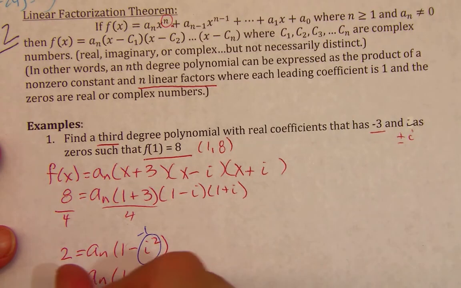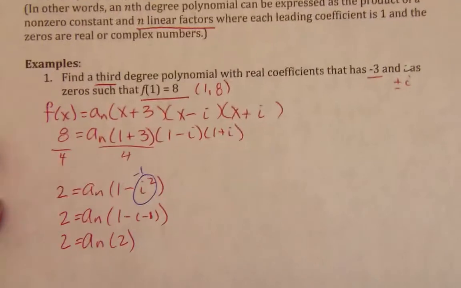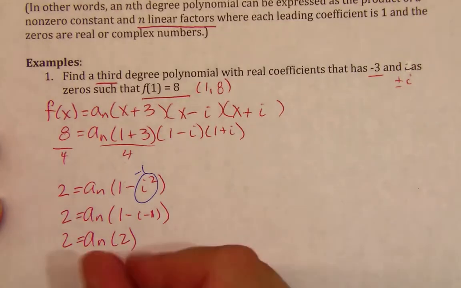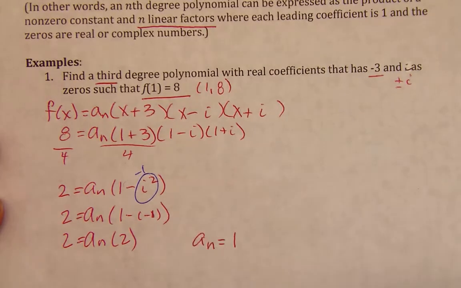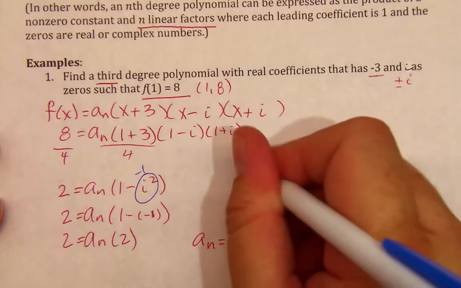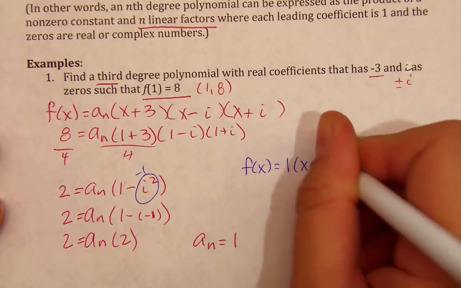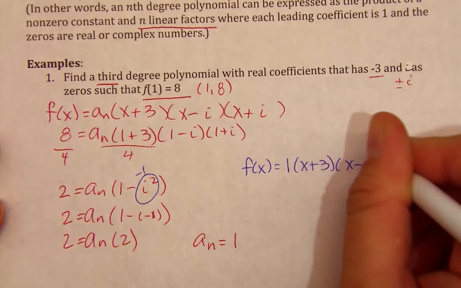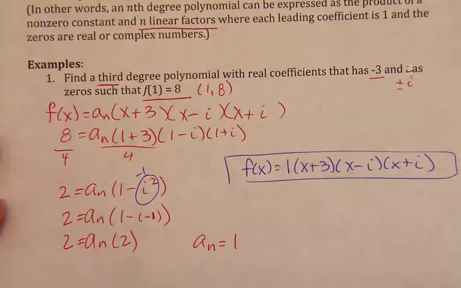So we have 2 equals a sub n times 2. And dividing both sides by 2, we get a sub n is equal to 1. And that means that our function is f of x equals 1 times x plus 3, x minus i, x plus i. And you can leave it just like that.